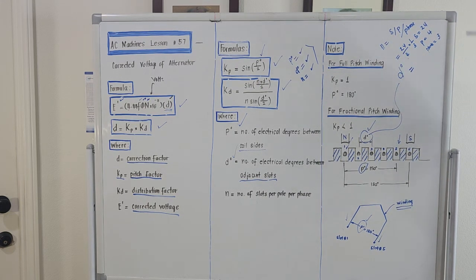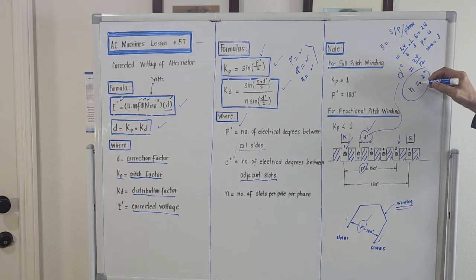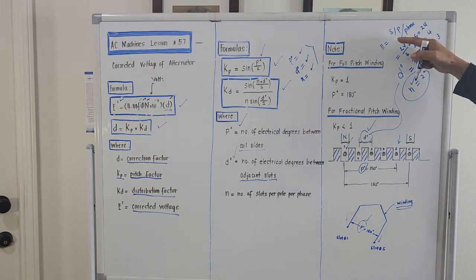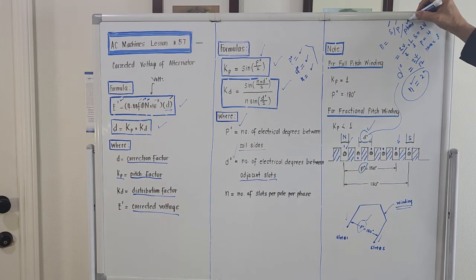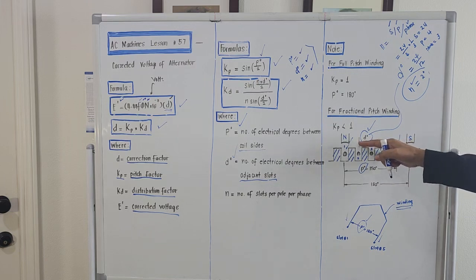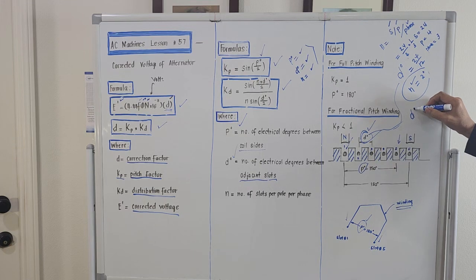What will come out? It will be 24 over 12, and 24 over 12 is 2. So the value N should be computed like this: you divide the number of slots by the number of poles and divide that again by the number of phases. And you will get how many degrees between slots, the number of electrical degrees between slots.